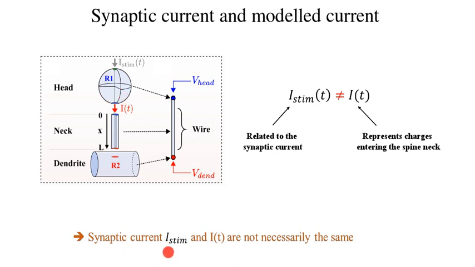So the synaptic current, I stimulation, and I_T are not necessarily the same. There are many reasons for this, because the current ions can flow and can be extruded by pumps located on the surface of the spine head.